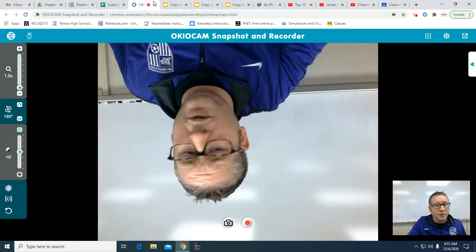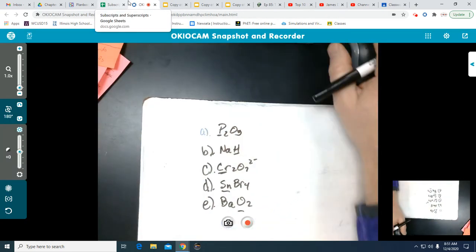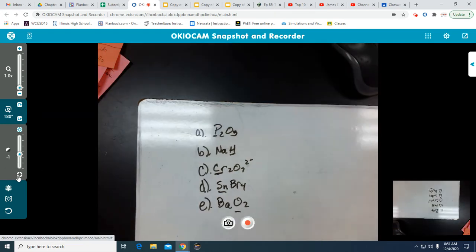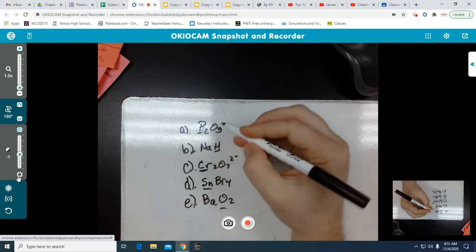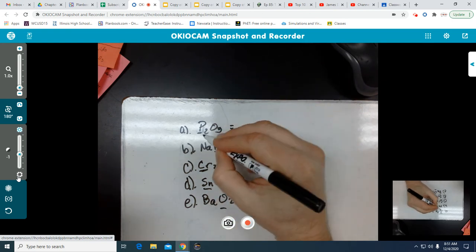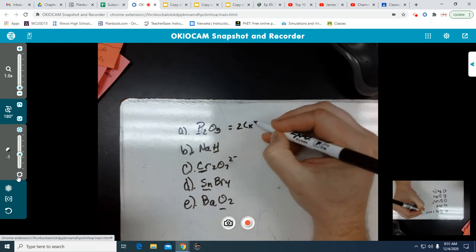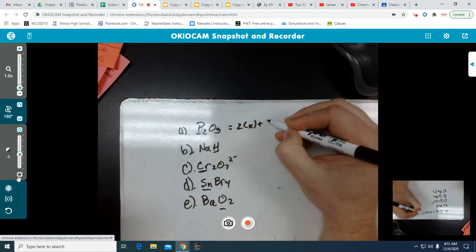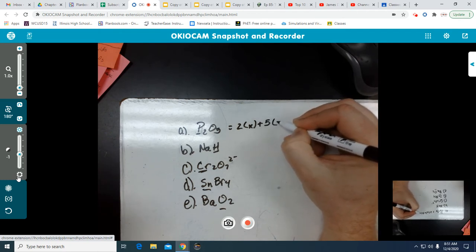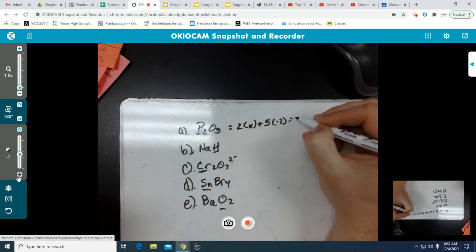Okay, so let's get into our setup here. Look at the first one. We're solving for P. P has a subscript of 2, so it comes out here, and we put an X for P. We then look at oxygen. There are 5 oxygens. Each one we put down as a -2 oxidation number, and we set it equal to 0.